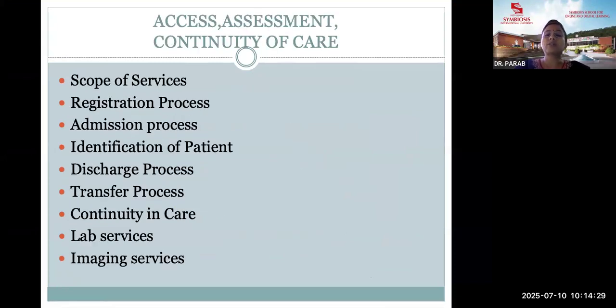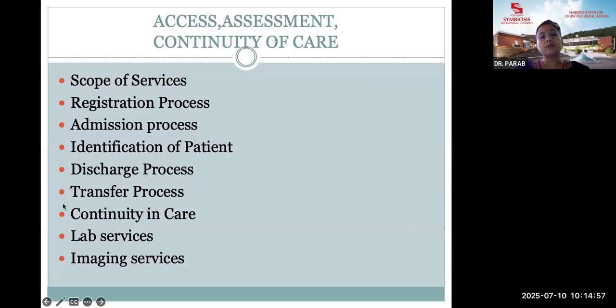So the first chapter is access, assessment, and continuity of care, which basically gives us an idea from the name of the chapter itself. You can make out that access, assessment, and continuity refers to how a patient can access the hospital, how assessment of a patient is supposed to be done, and how do you continue care further on, right? So that's the gist of it.